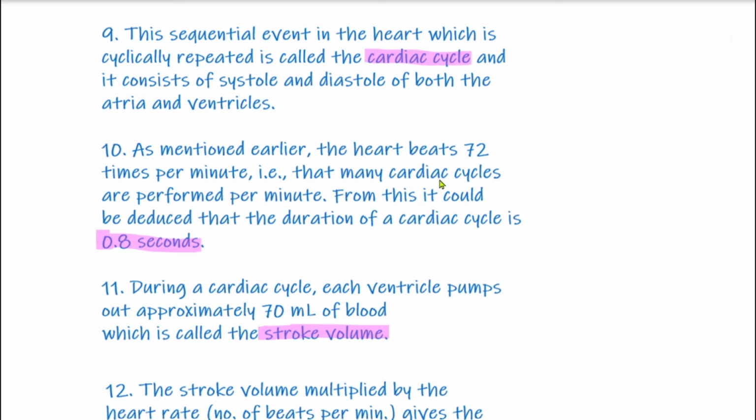So cardiac cycles are also repeated at a rate of 72 times per minute. And if we divide this 1 minute, means 60 seconds, by 72, we get the duration of one cardiac cycle, and so the duration of cardiac cycle is 0.8 second. So one cardiac cycle is completed in 0.8 second.